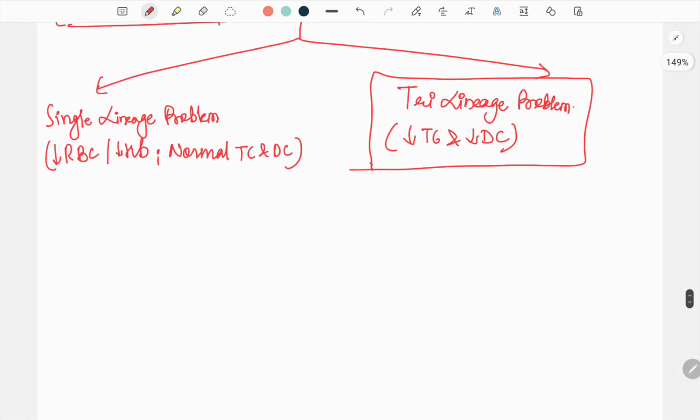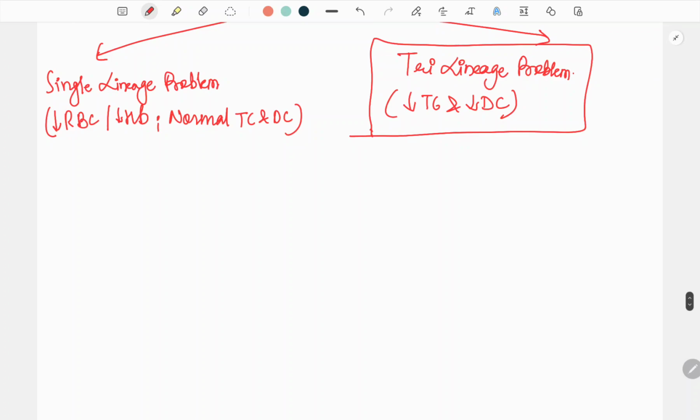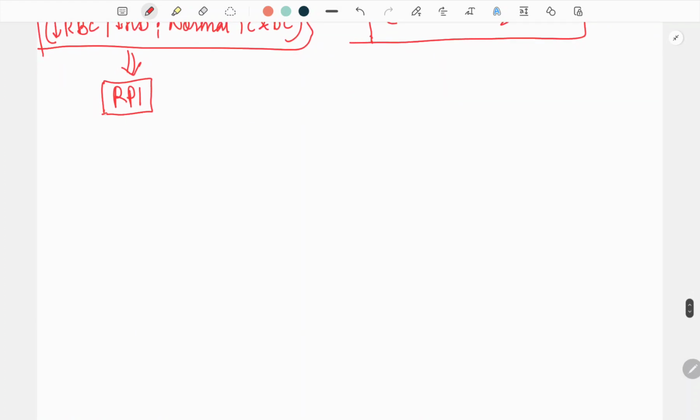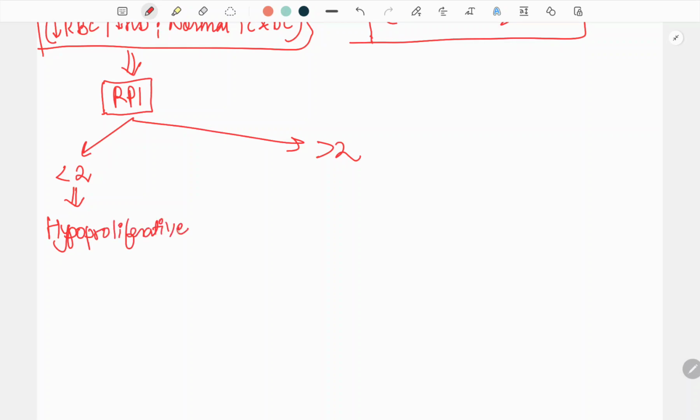So per se, we will discuss the single lineage problem over here. So we have seen, yes, the report is pointing towards single lineage problem. Now we'll look for the reticulocyte production index. So if it is less than 2, we'll call it hypoproliferative anemia.